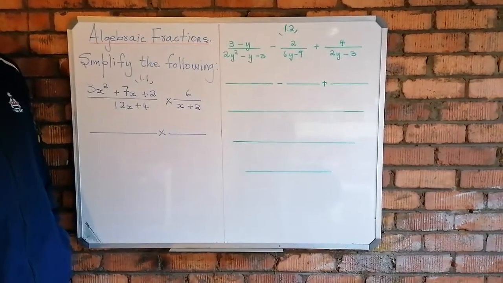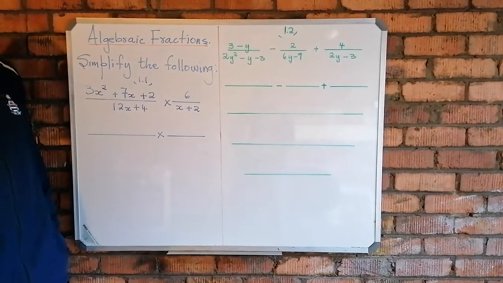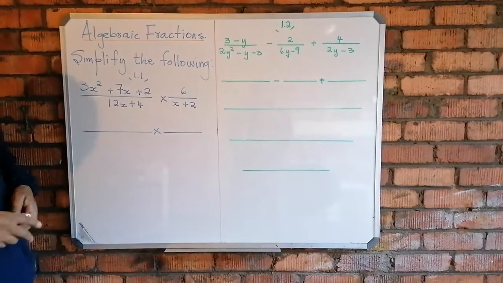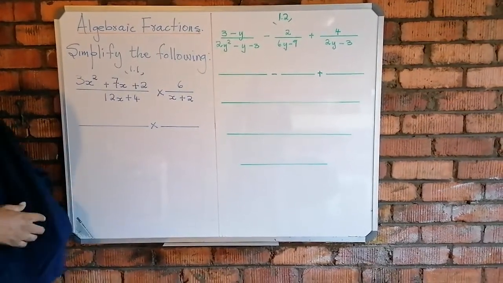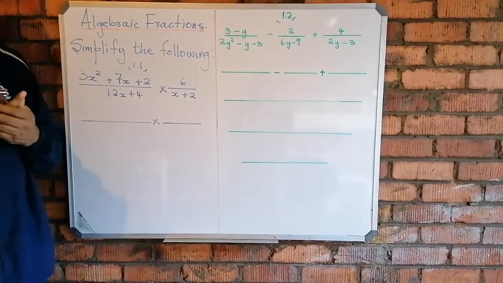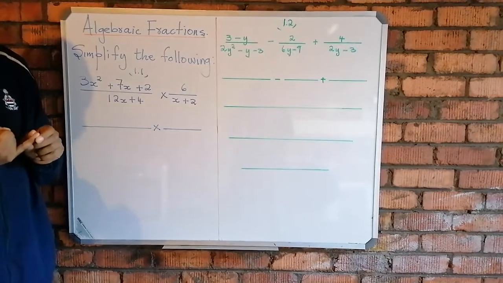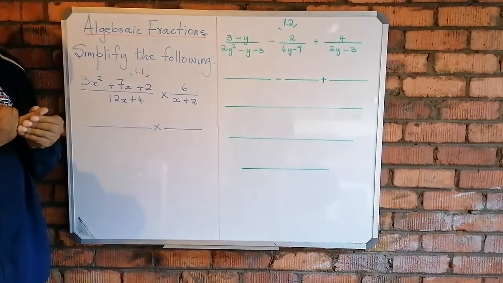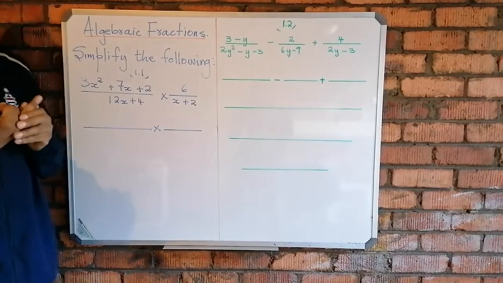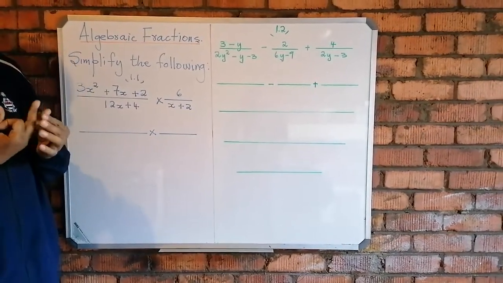Now, I know that you have done methods of factorization. You must remember all of them. If I have to remind you of all those methods: number one, factorizing by removing the highest common factor. Number two, factorization of a quadratic by having two brackets.